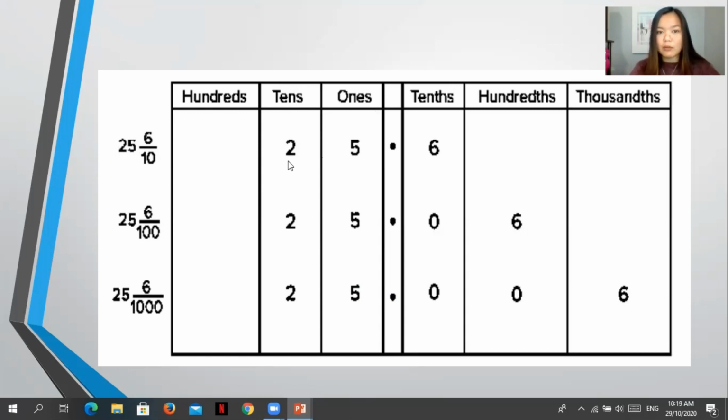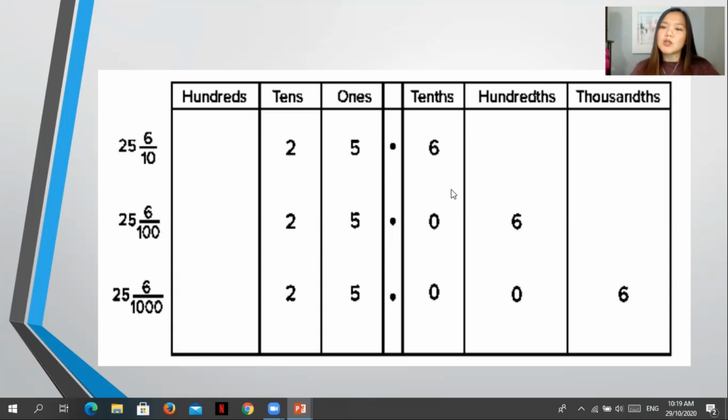So, yung 25 full number siya. So, tens ay 2, ones ay 5, at yung tenths niya, kasi 6 over 10, so 6. And, same, pag 6 over 100, sa hundredths mo, itutok yung 6. The rest will be zeros.